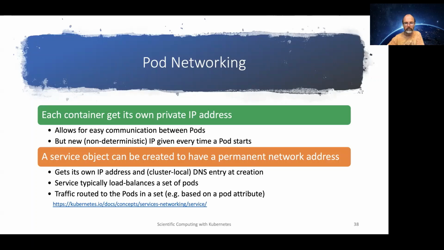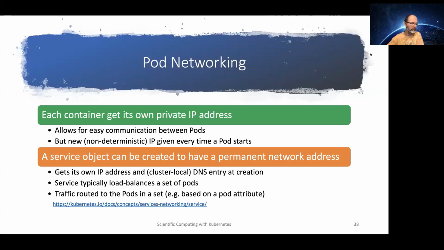Each container, when it starts, gets its own private IP address, so it allows you to communicate between different containers seamlessly. Just be aware that you get a new, non-deterministic IP every time a pod starts, so you need to have a way to know who to talk to.